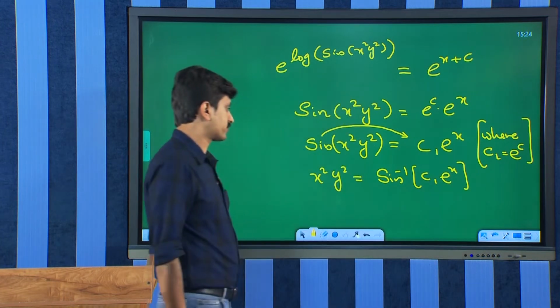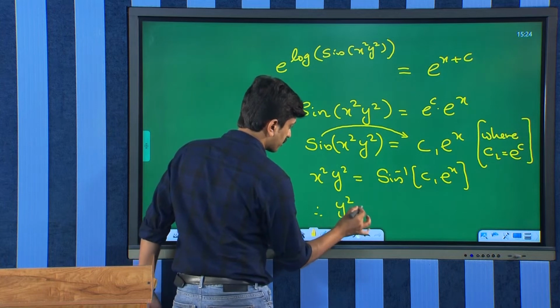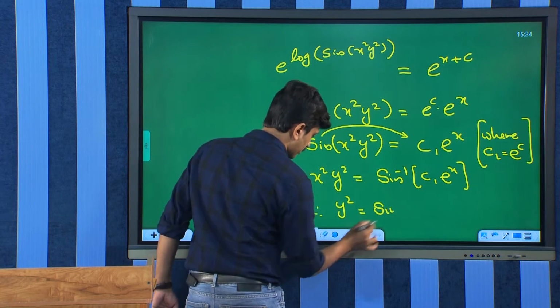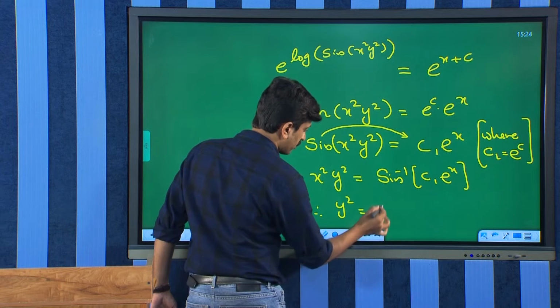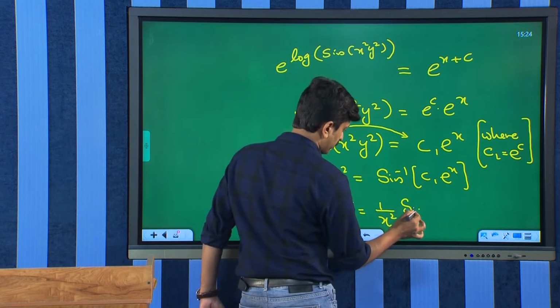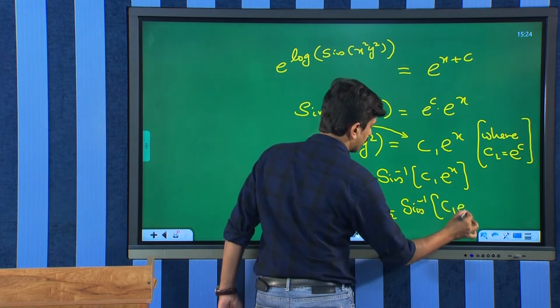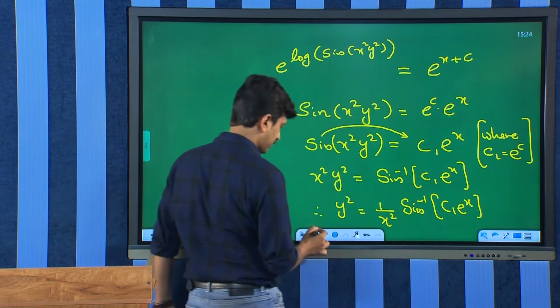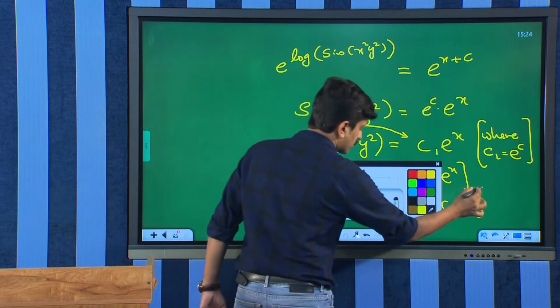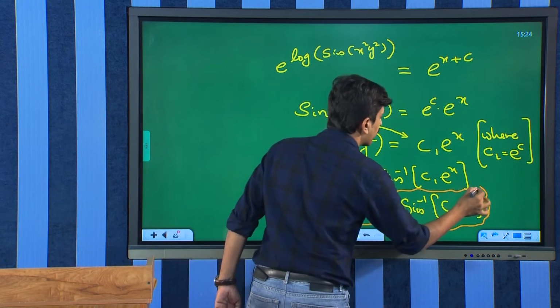Okay, fine. So, therefore, y square is equal to 1 by x square into sine inverse of c1 e raised to x. Okay, fine. So, this is the final solution.